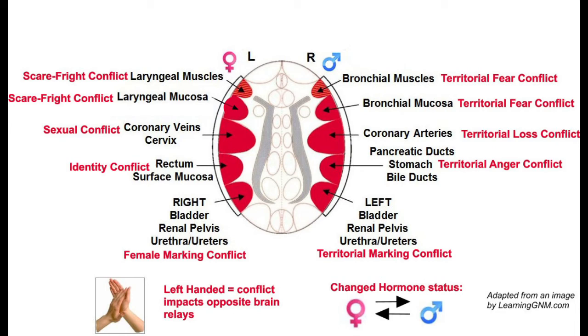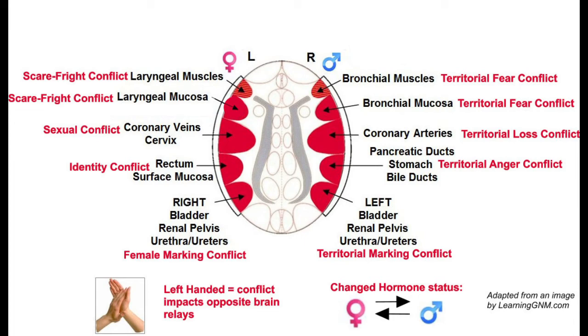So normally women will only experience the female conflicts and men will only experience male conflicts. However, this changes when the hormone status changes. These changes occur when someone is on hormonal drugs, when they are past a certain age, such as postmenopause in women, or just an older gentleman whose testosterone level is naturally dropped, when there is a pregnancy, or where there's breastfeeding.